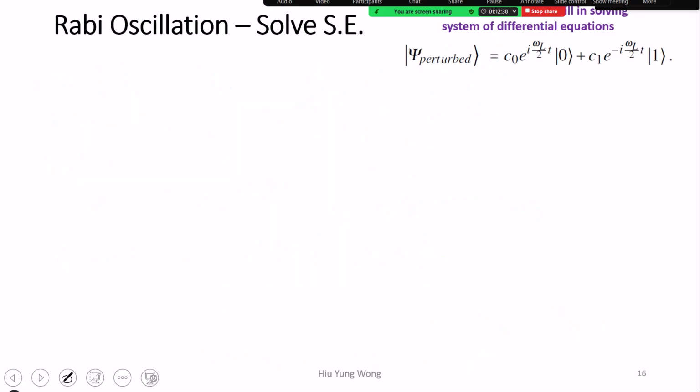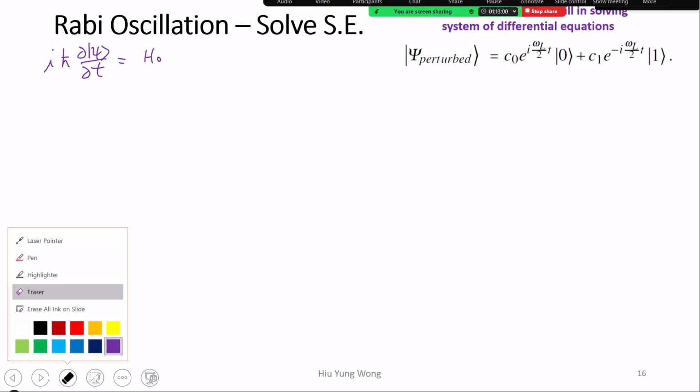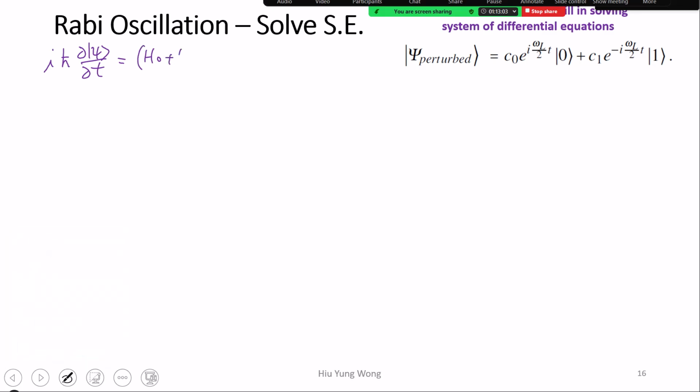Okay, so let's solve the equation now. Here I show you that the wave function is going to be like this. That's what we get from the last slide. So what is our goal? Solve the Schrödinger equation: i ħ ∂ψ/∂t equals (H0 plus HI) ψ, right?